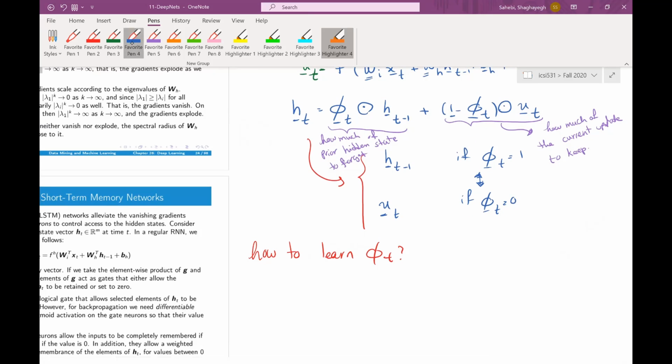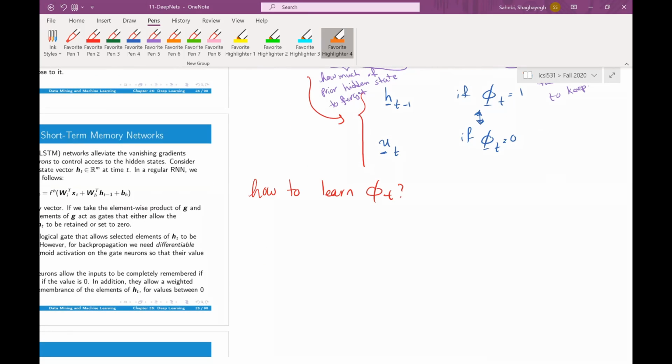Okay. All right. We decided already on the function for that, right? So we said already that we are going to have the sigmoid of something as the phi t. So this is the sigmoid function.